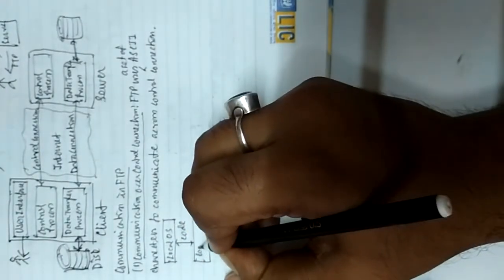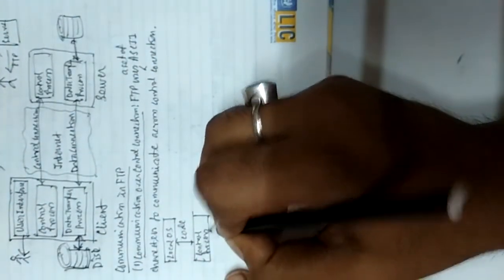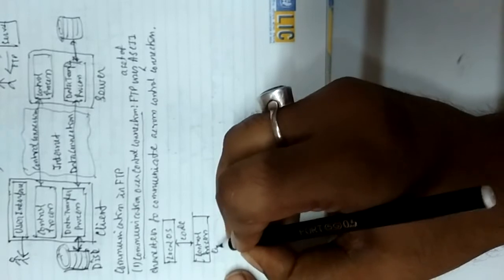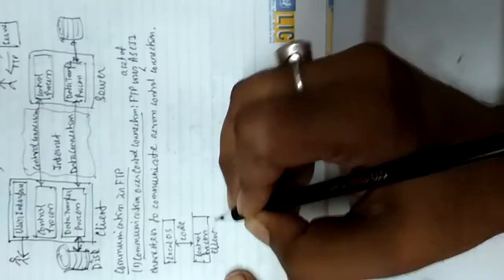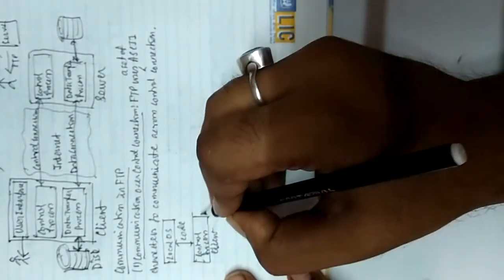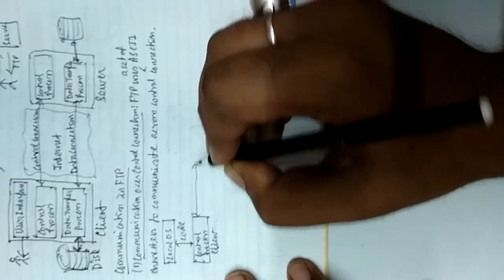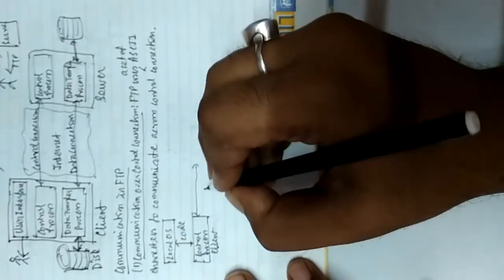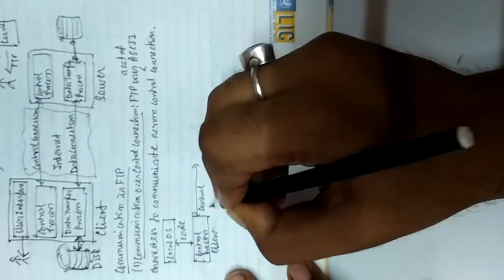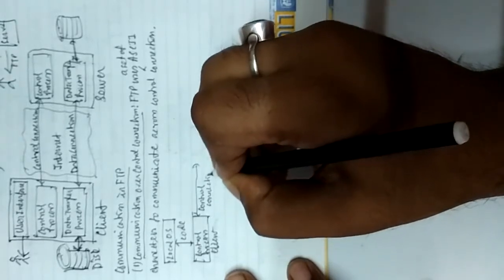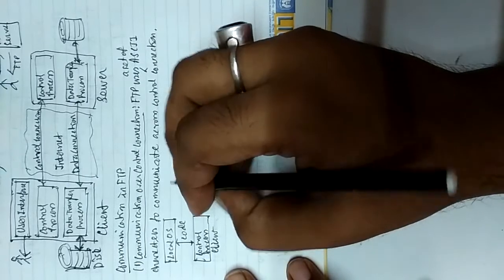This is the control process of the client, and here this is the control connection. The control connection uses NVT ASCII.